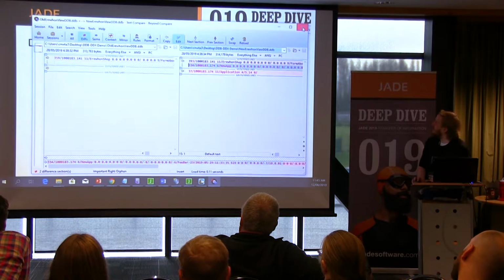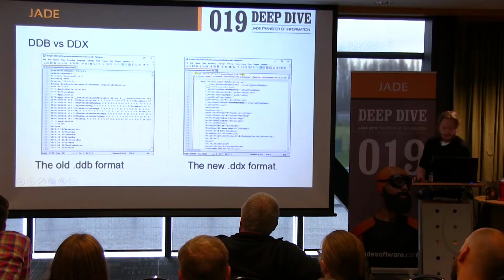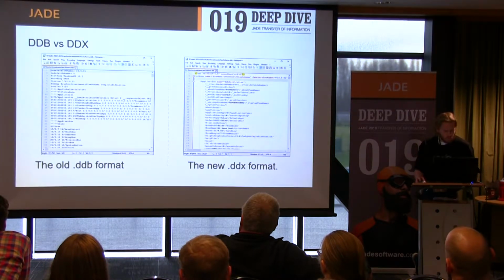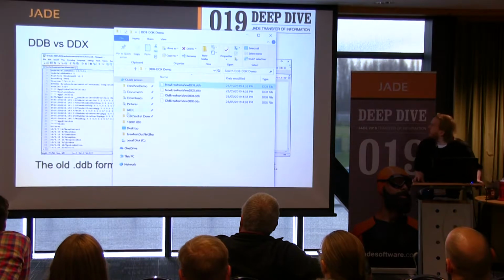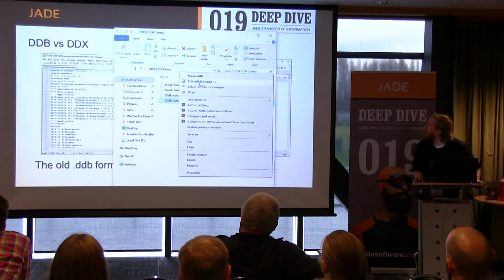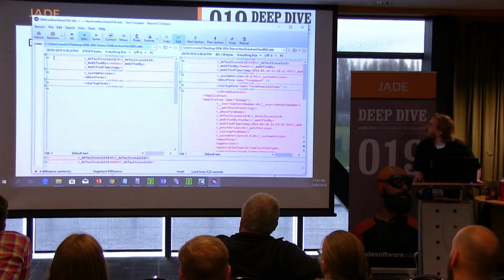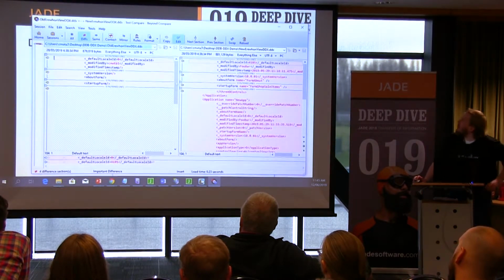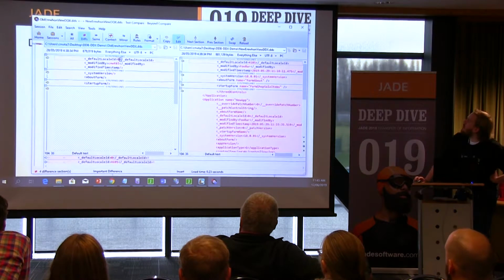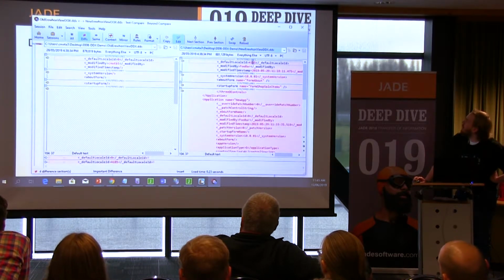Now let's look at exactly the same change, but in DDX. So we'll go select left file for compare, compare to. Okay, this is much better. The first thing we can see is that the locale changed. I changed the locale from 0 to 4105.